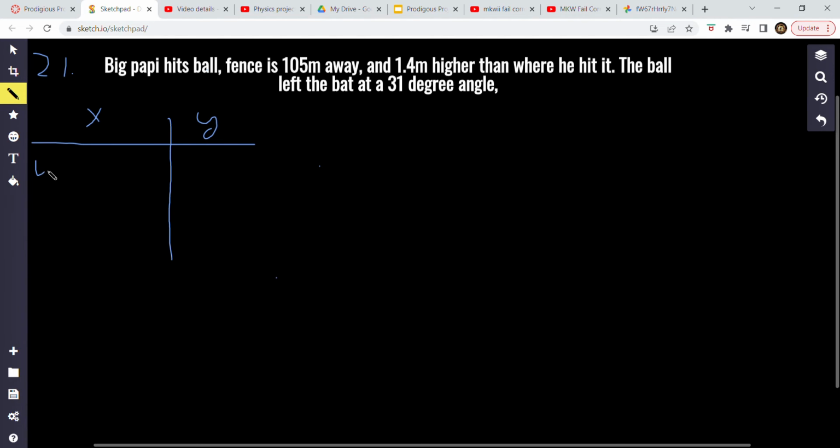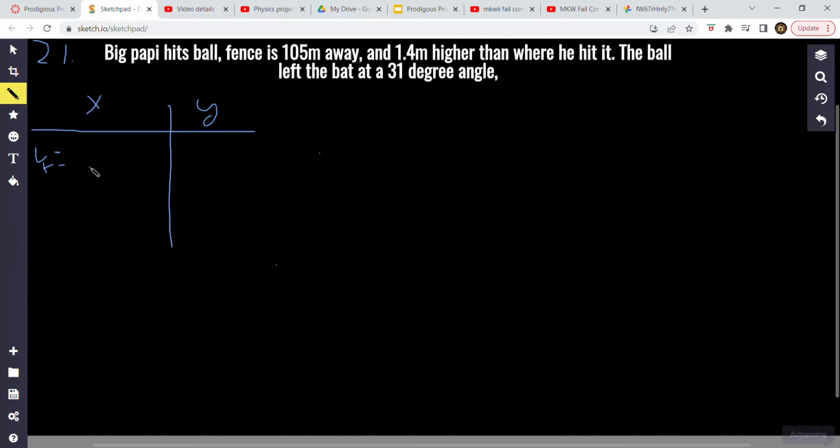So we know that the Vx is cos 31 V naught.